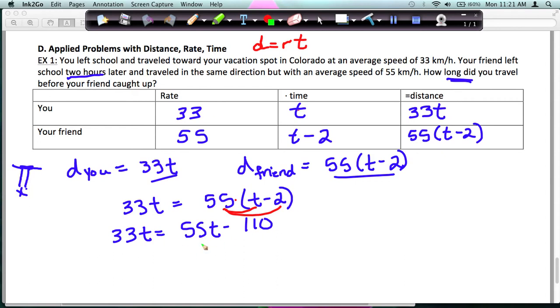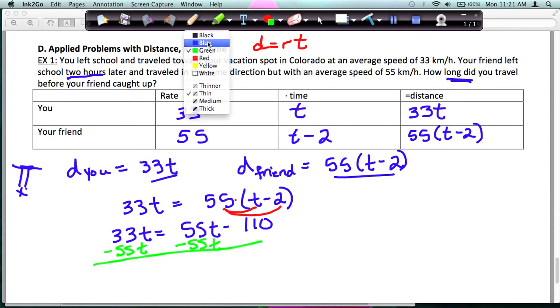There's nothing on the same side of the equal sign, so I need to move this 55t over to the other side because I want to get my t's together and leave this number by itself. So I'm going to subtract 55t from both sides. And 33 minus 55 is negative 22t equals, these cancel, and be careful, this is a negative 110. Remember, you always take the sign in front.